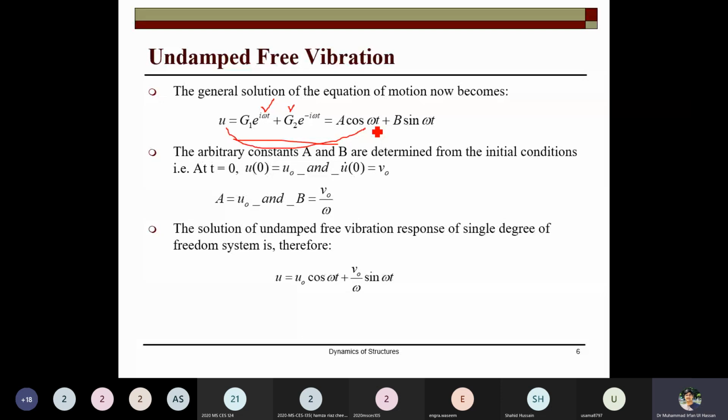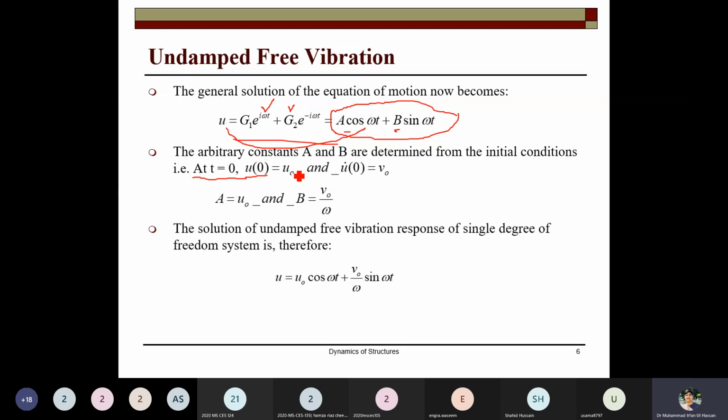The constants A and B are determined from the initial conditions. When you put t equal to 0, the initial displacement is u naught and the initial velocity is v naught.